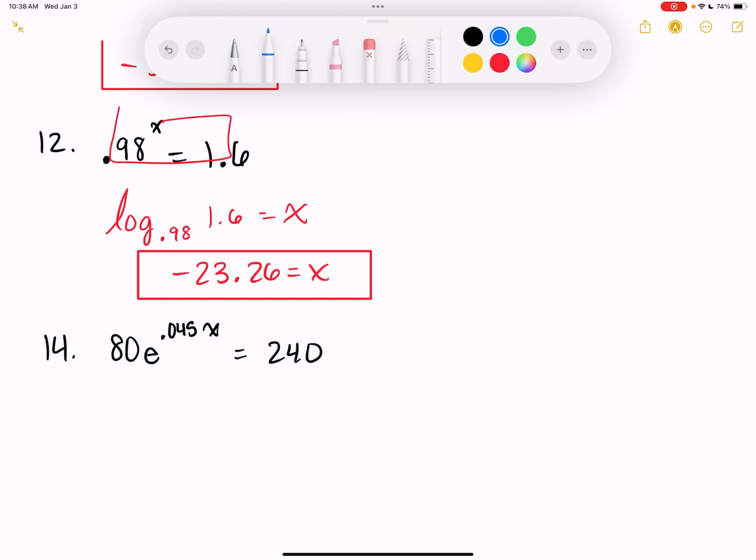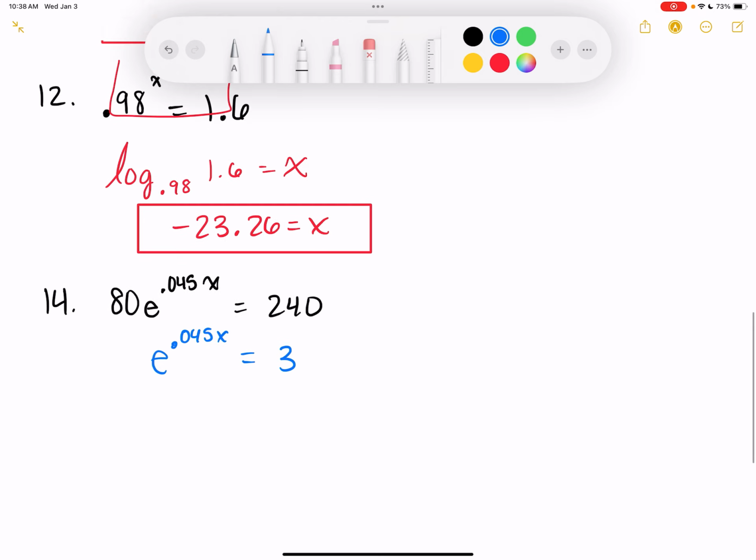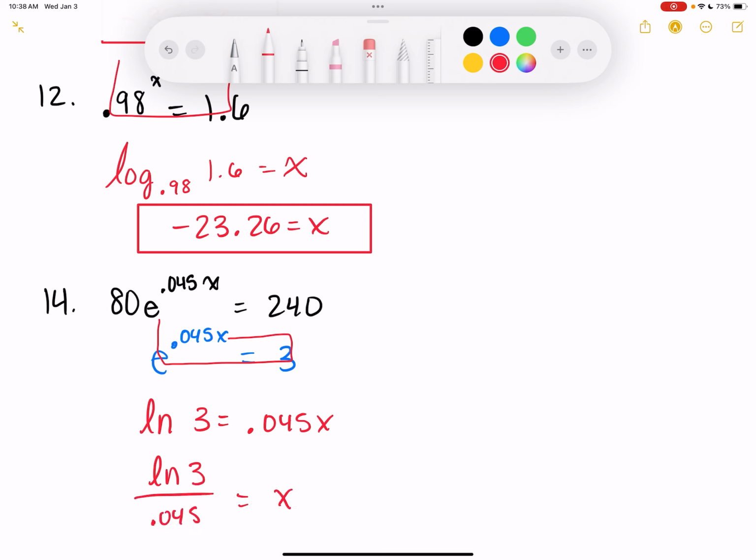So divide by 80, so e raised to the 0.045x is equal to 3. And then, now log base e we write as what? ln, so this is going to be the ln of 3 is equal to 0.045x. And then divide by that. So when you type it in, you can do ln of 3 divided by 0.045 is equal to x.